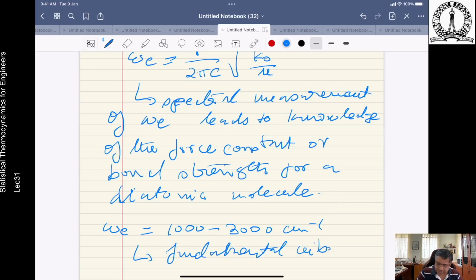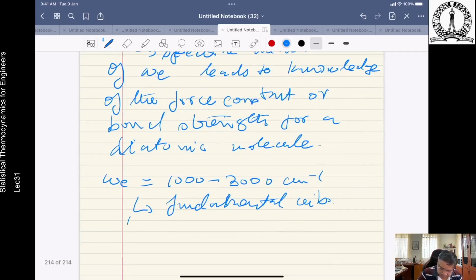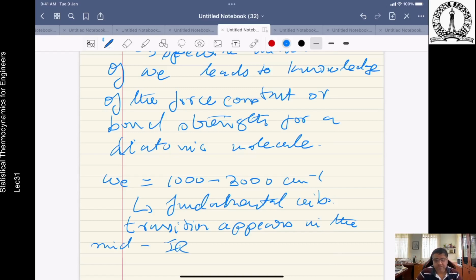appear in the mid IR portion of the spectrum.